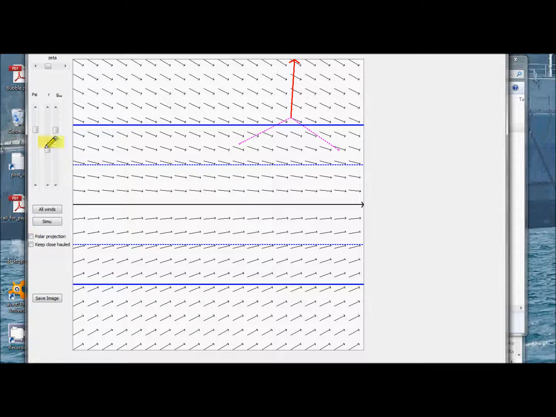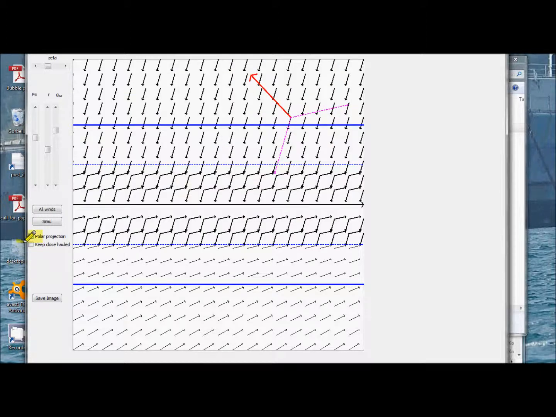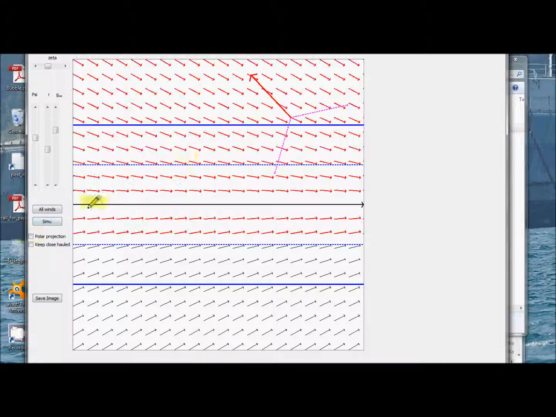Okay, so what to do when I have some arrows like this? The idea is to take an arrow and to project it in order to have a direction which is feasible, what I call the polar projection. So if I project it, the red arrows like this are projected either to this side or to this side.